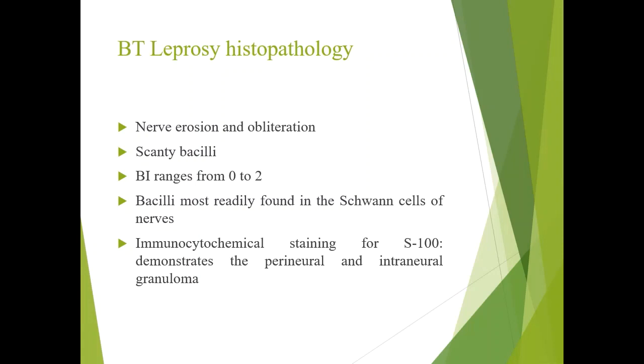Nerves may be obliterated. Scanty bacilli, bacterial index ranges from 0 to 2. Bacilli are most readily found in the Schwann cells of nerves. IHC S100 may be helpful in demonstrating the destroyed nerves or the nerves surrounded by granulomas.